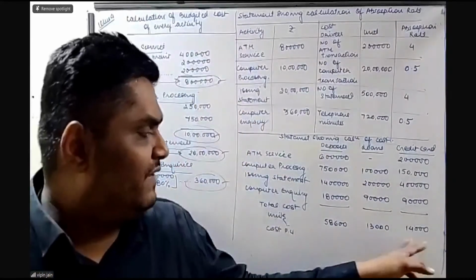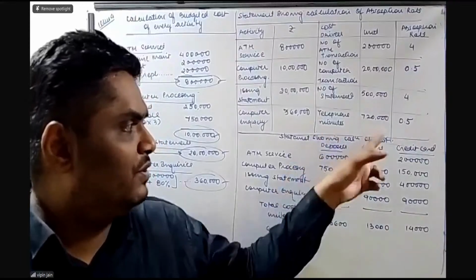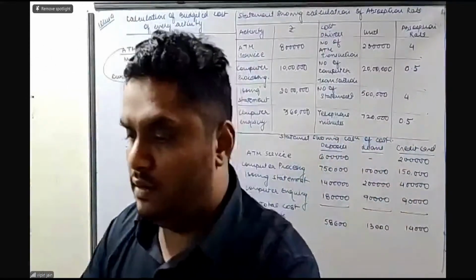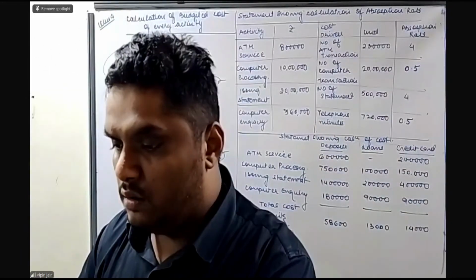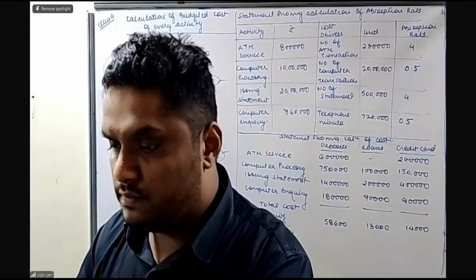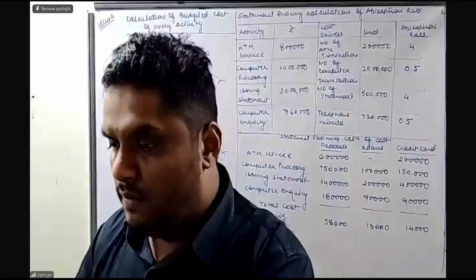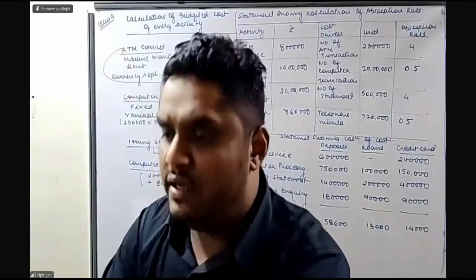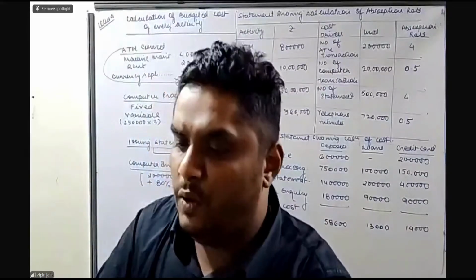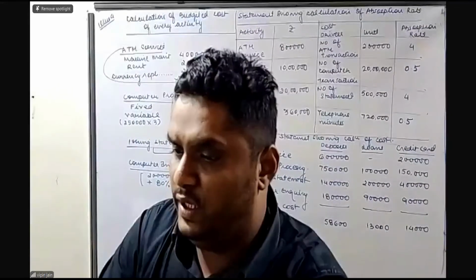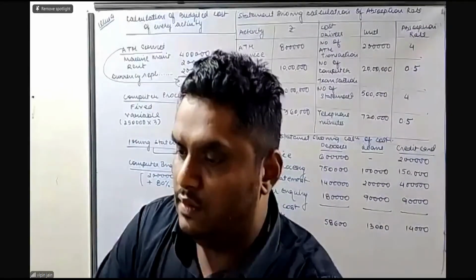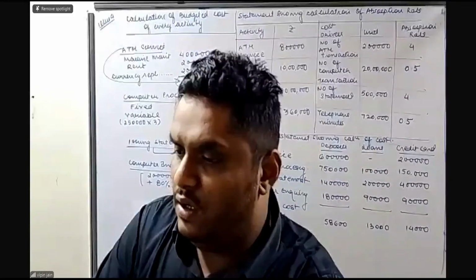This information is given in the question, the number of units for deposit, loans and credit card. Gurminder Kaur, please read the question. As I'm mentioning again and again, half of the problem is solved if you read the question carefully. Anyone else having any doubt?